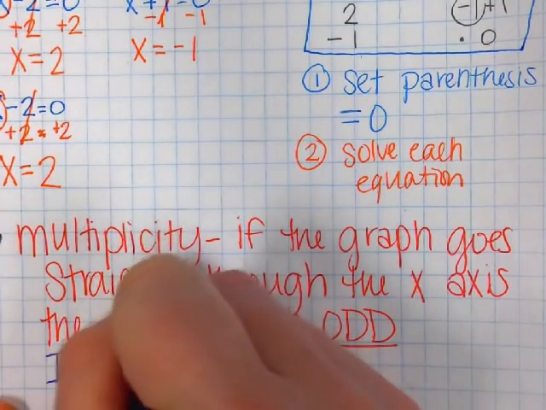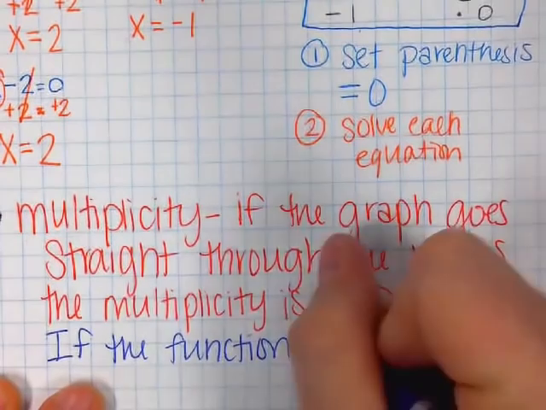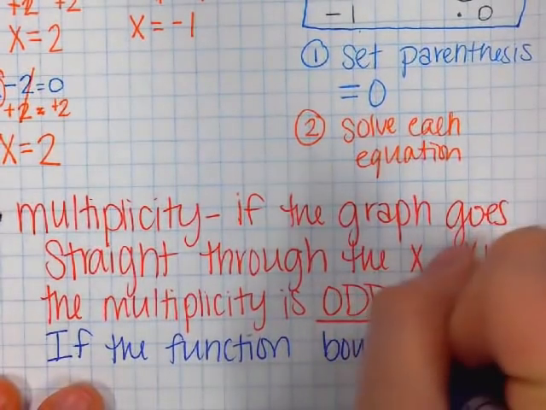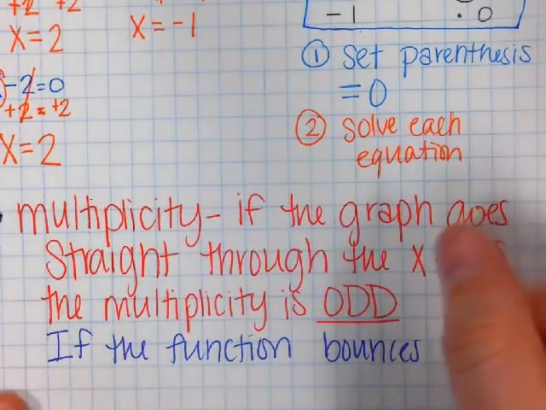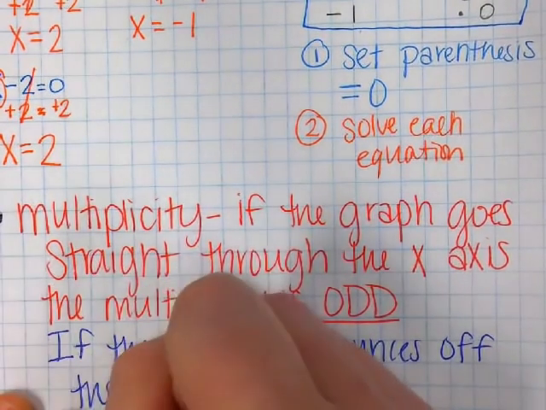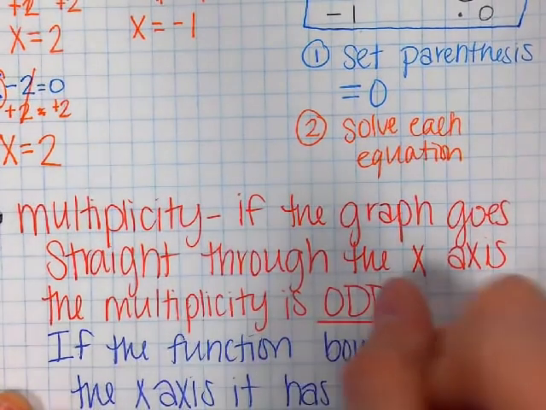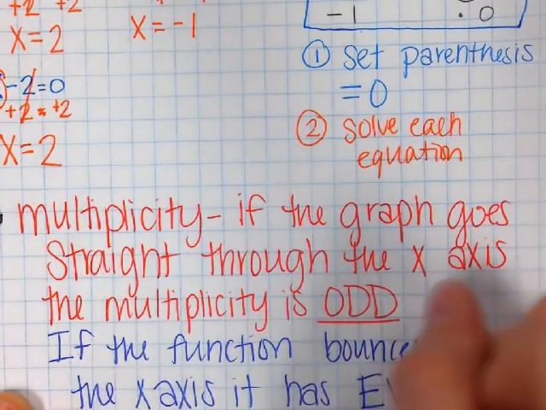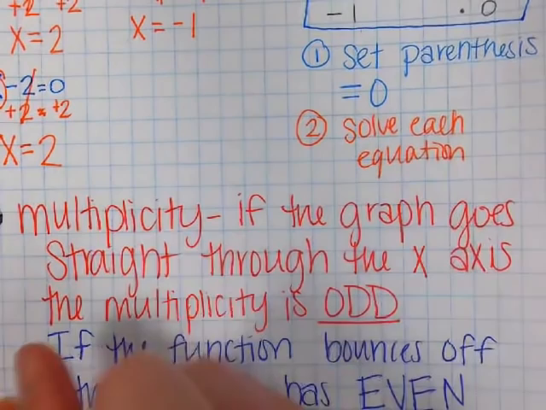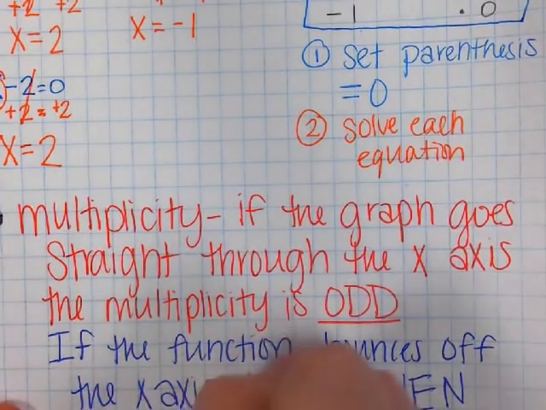If the function bounces off the x-axis, it has even multiplicity.